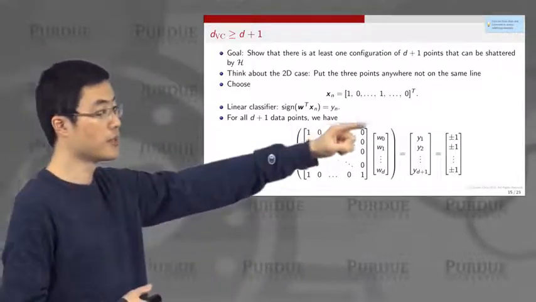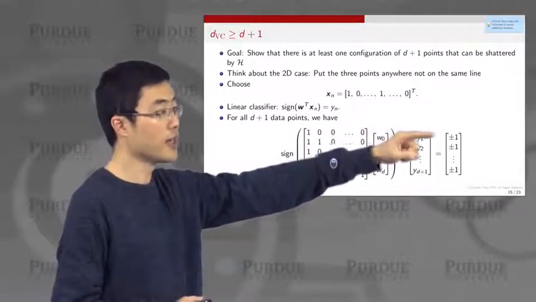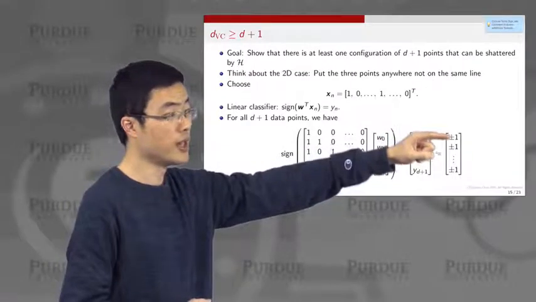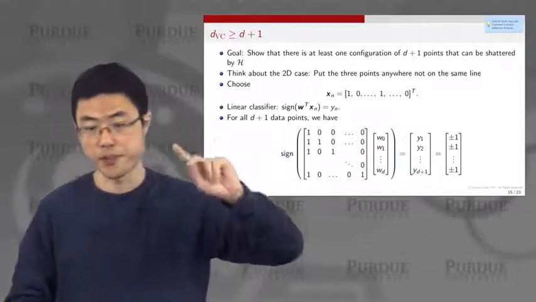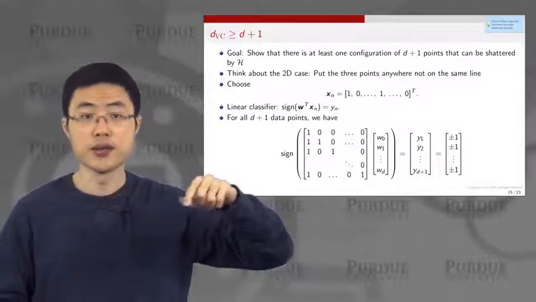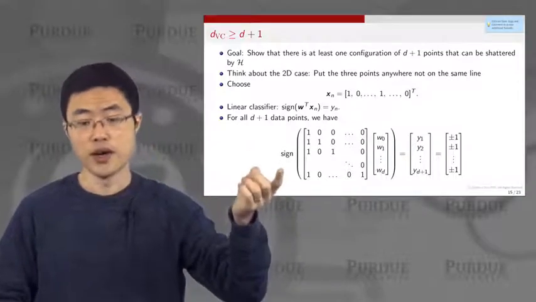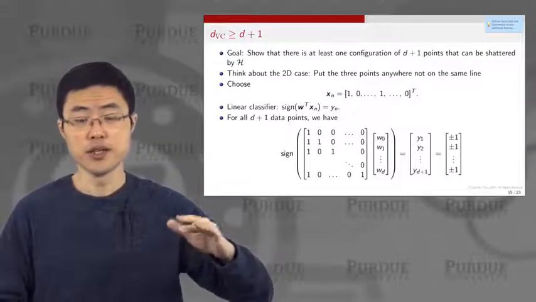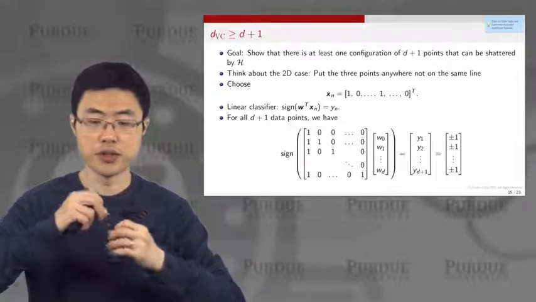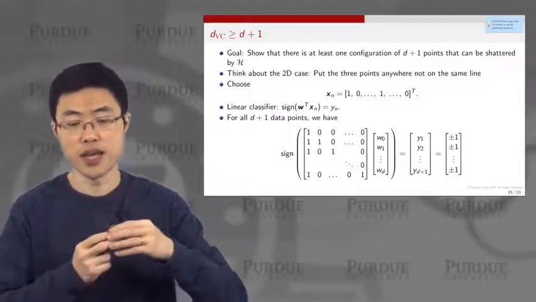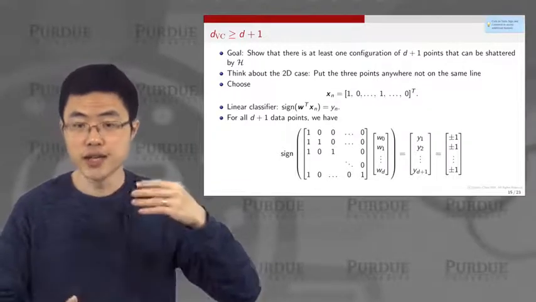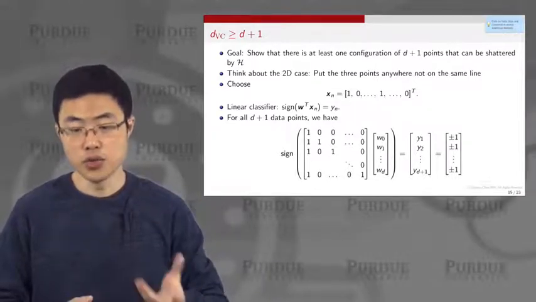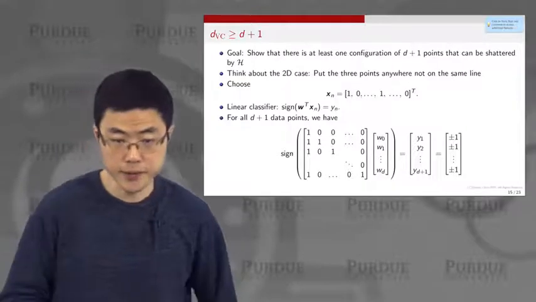If you look at the far right, I have plus 1 or minus 1, and they can take any pattern. For y1, you can take either plus 1 or minus 1. For y2, you can take plus 1 or minus 1. By shuffling between plus 1 and minus 1, you will have a set of strings, and the number of strings will be 2 to the power d plus 1 in this case.